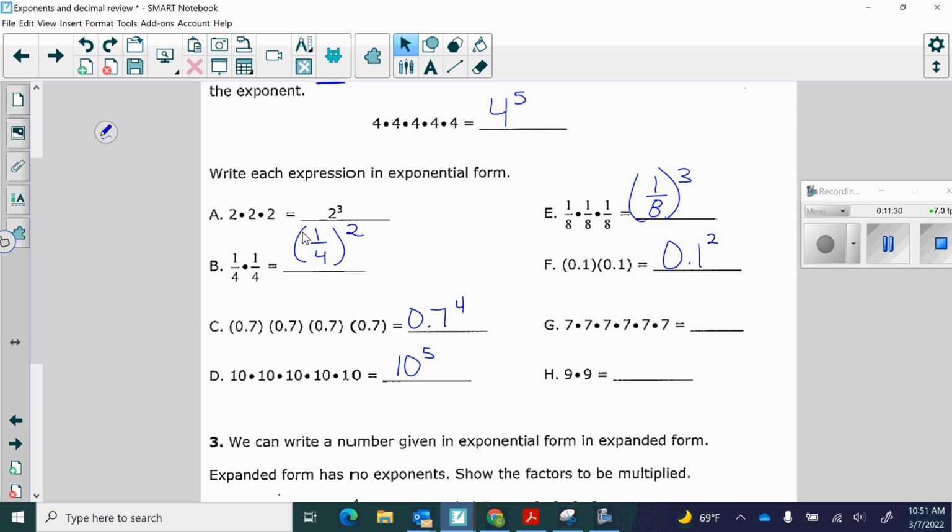7 times 7 times 7 times 7 times 7 times 7. Sophie? Yes. 7 with an exponent of 6. And 9 times 9. Somebody that I haven't called. Can't remember your name. Ayana? 9 squared. Thank you.